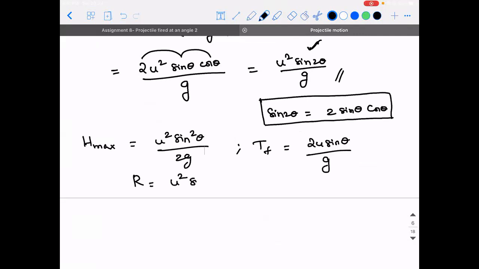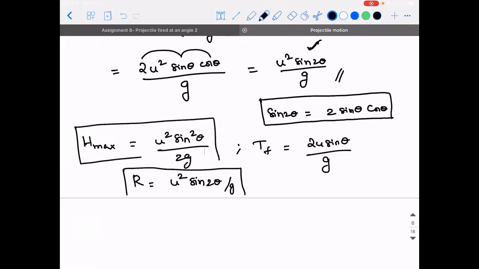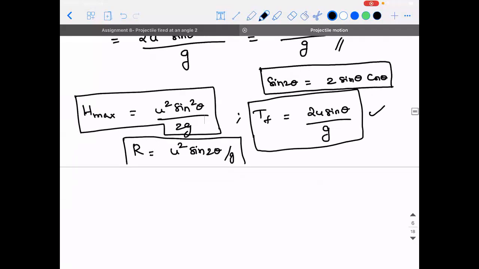And the range is u square sin 2 theta divided by g. Am I clear? So these are the three formulae.